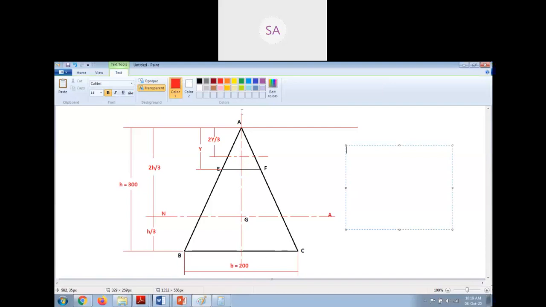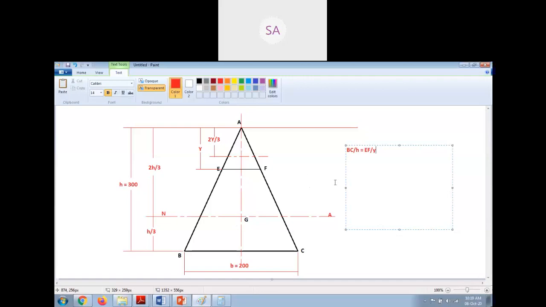From the large triangle, I can write BC by H should be equal to EF by Y. Correct? H is the height of this larger triangle. Y is the height of the small triangle. BC is the base of the large triangle and EF is the base of the small triangle, right? So basically you have to consider these triangles and half of EF and half of BC, and then you multiply by 2.